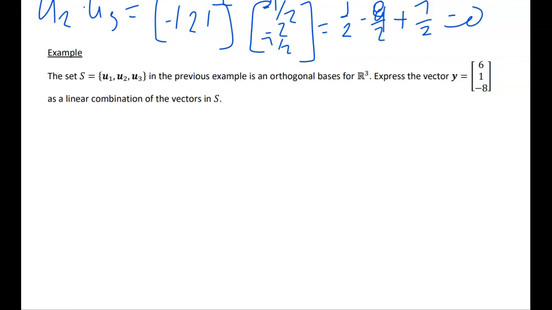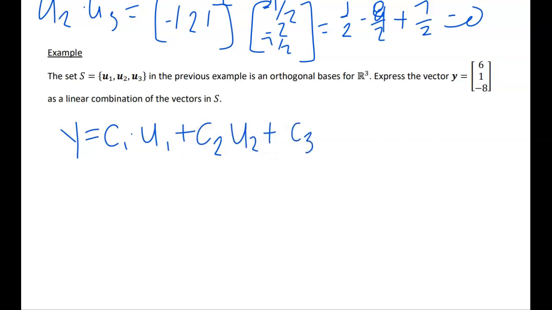So if y is a linear combination, then y must be equal to c1 u1 plus c2 u2 plus c3 u3, right? It's a linear combination of those pieces. And so how do we find those c1, c2, c3s?